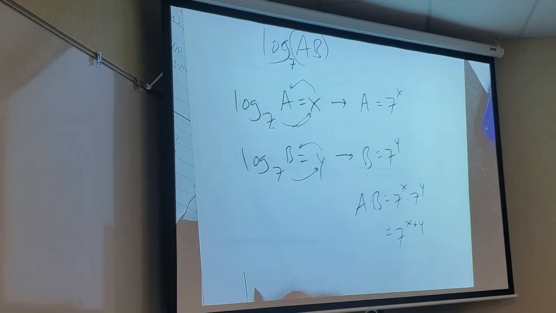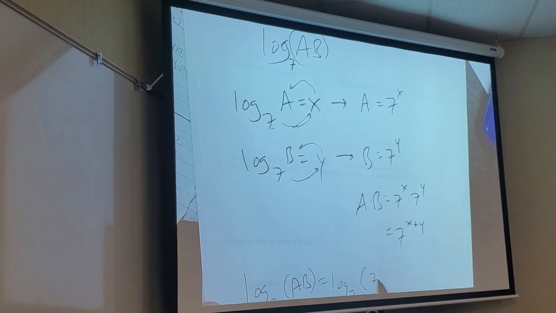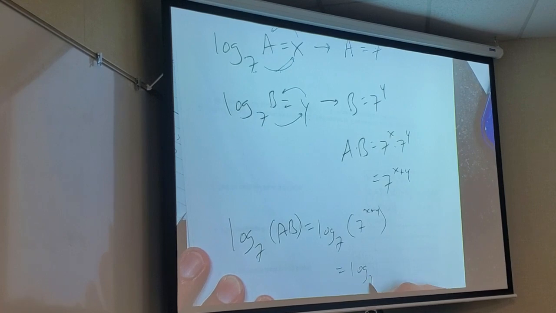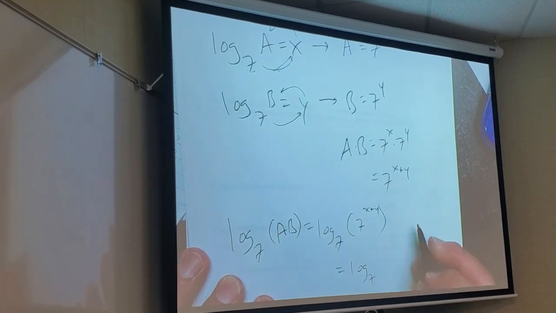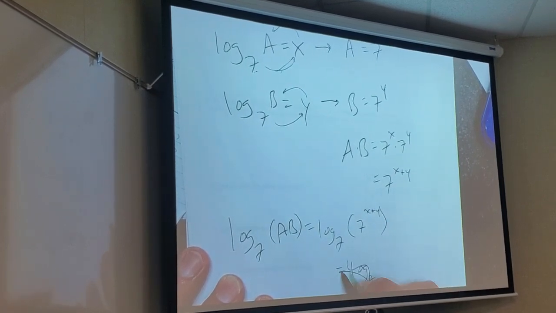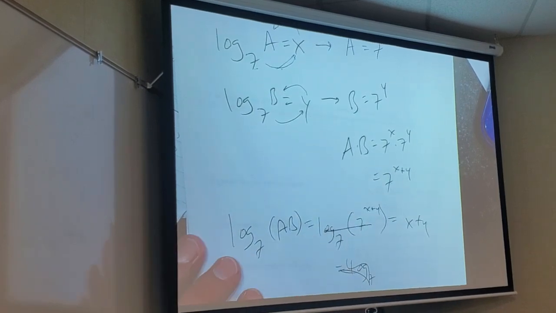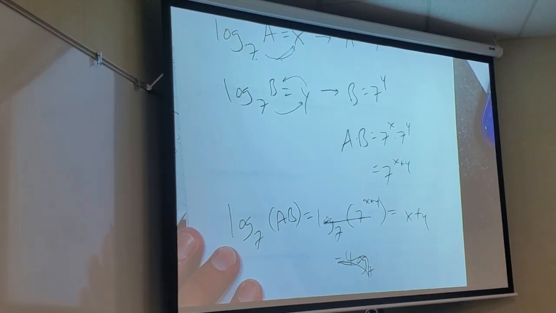So let's see. Log base 7 of AB. What did we just figure out AB is? 7 to the X plus Y. So that's log base 7 of 7 to the X plus Y. These cancel. Is that cool?